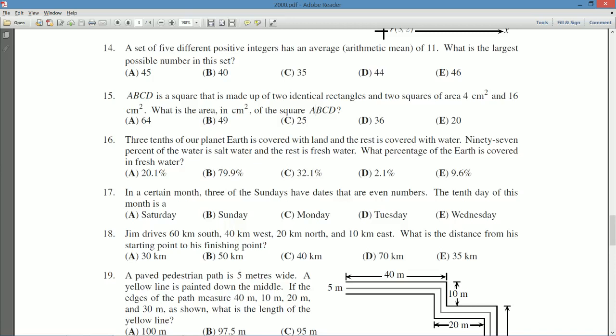So I recommend, if you can, bring a pair of scissors and a piece of paper that you can cut up, and you could actually make copies of a big square and a small square and try and rearrange them so that you can get two identical rectangles around them and get yourself a square. But let's try and do it in a more intuitive approach.